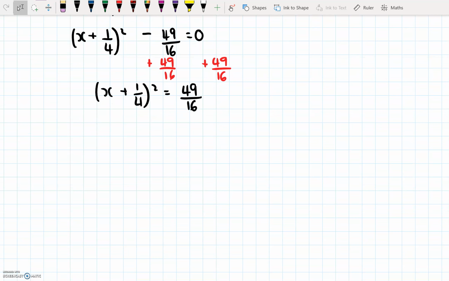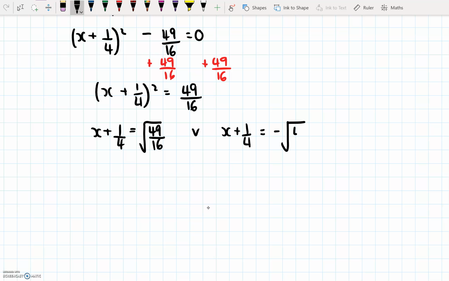Here's where it's interesting, because when you take the square root of this, you get x plus 1/4 on this side, and you have the square root of 49 over 16. And you'll also get x plus 1/4 equals the negative root of 49 over 16. However, you can actually take the square root of both of these.